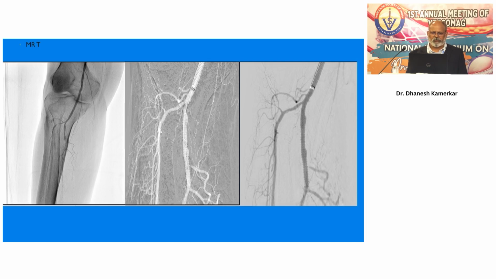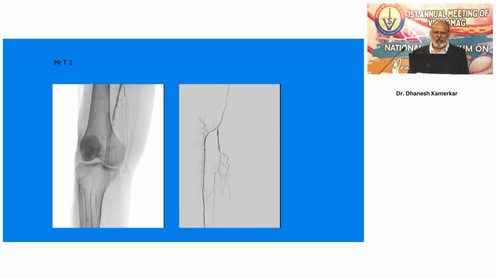This was stented with a drug-eluting stent, and he came back a few months down the line, I think just after COVID, with thrombosis of the SFA stent. But when we go beyond that, we see that this drug-eluting stent has remained patent. At the second intervention, runoff was good.